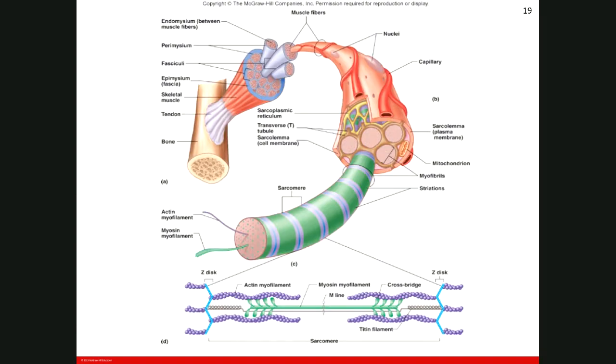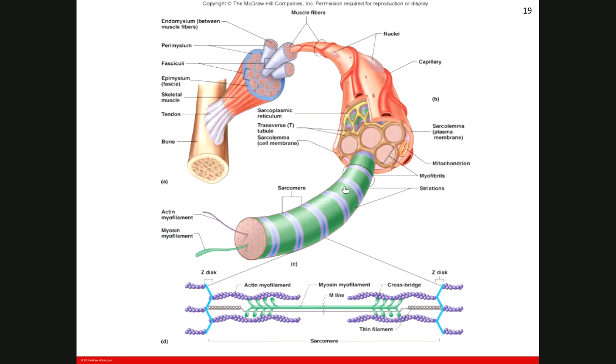This is your myofibril. Each myofibril is composed of myofilaments, and we have a structure in our myofilament which we call the sarcomere. Look at this picture. Can you see the green structure, then pink, then green, then pink, then green?